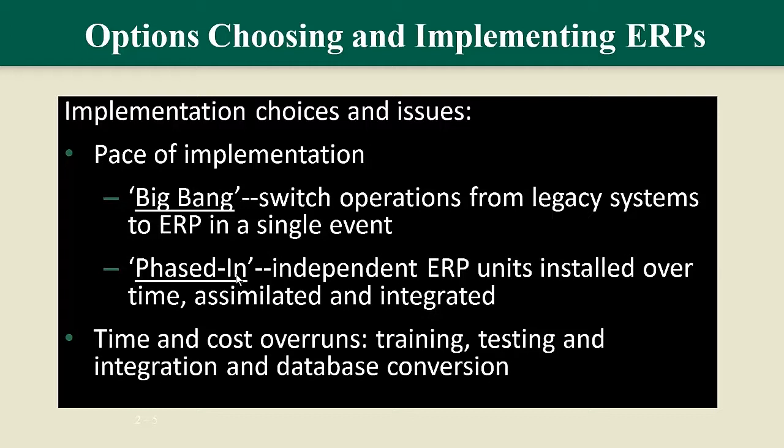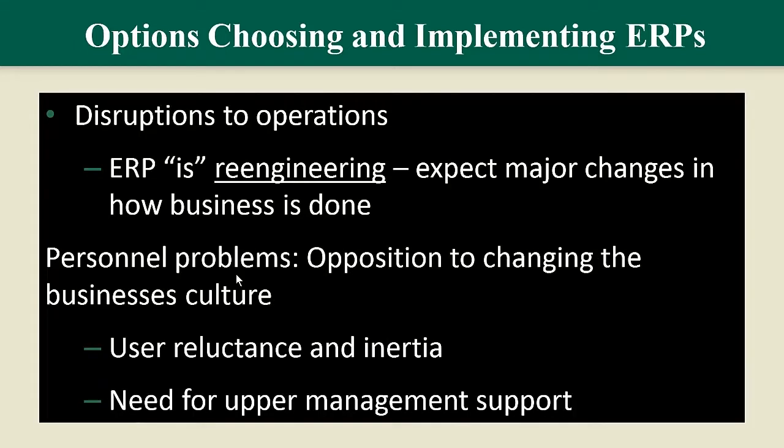Expect during implementation time and cost overruns, especially in the areas of training, testing and integration, and database conversion. Finally, choices when implementing ERP systems, expect disruptions. An ERP implementation is re-engineering. You're going to experience major changes in how the business is done.